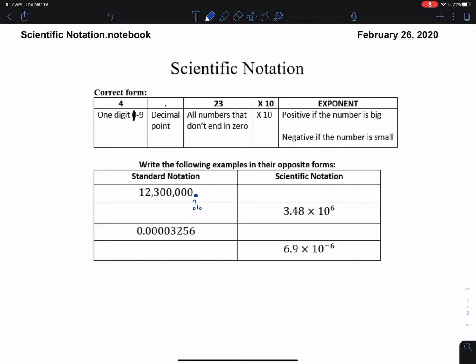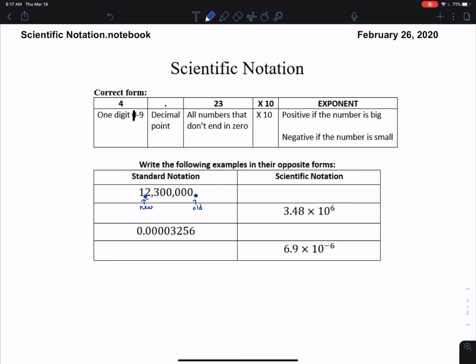So this is our old decimal point. I need to figure out where I'm going to move the decimal point to. I need to have that decimal point so that there is one digit that's 1 through 9 in front of it. So that's telling me that I want my new decimal point to be in between the 1 and the 2. Then I'm going to move from the new decimal point to the old decimal point.